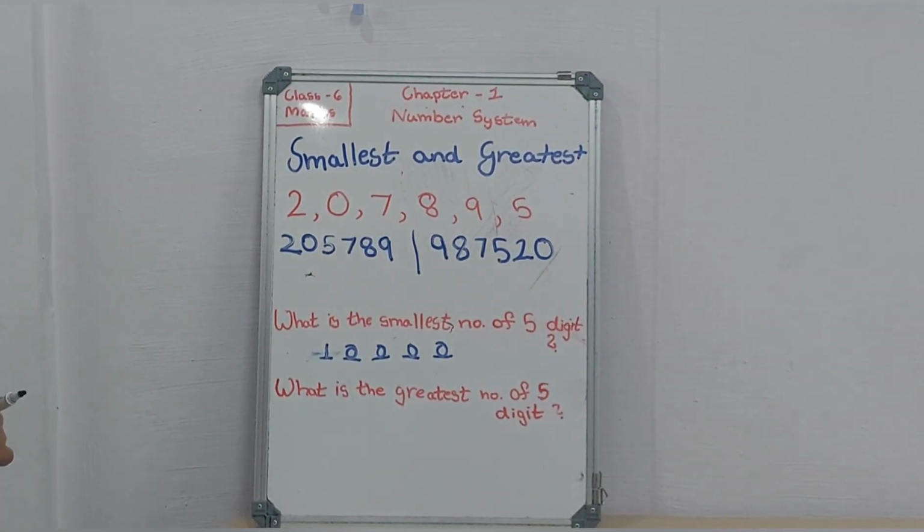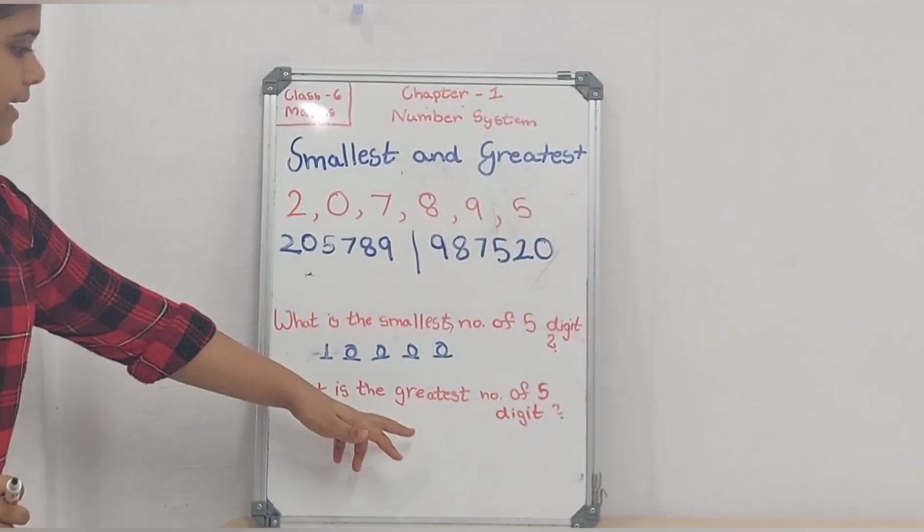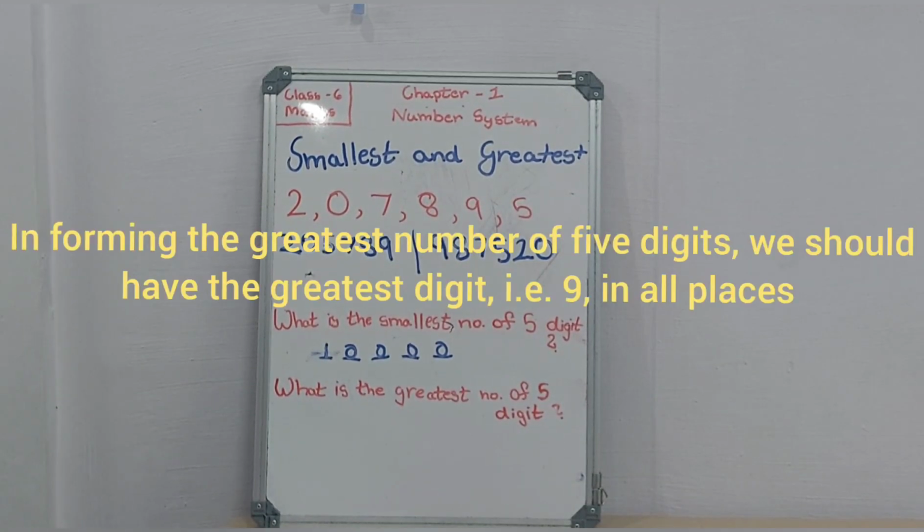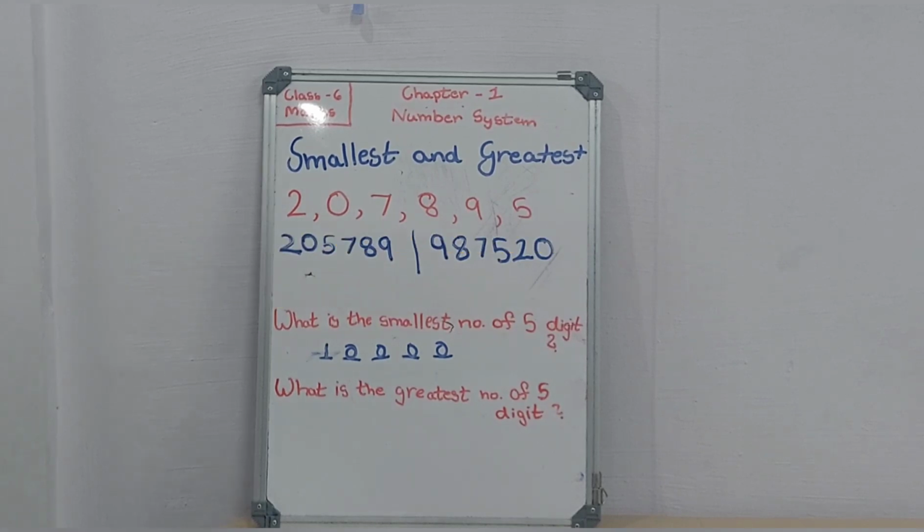Now, next question is, what is the greatest number of 5 digits? In forming the greatest number of 5 digits, we should have the greatest digit, that is 9 in all places. I am talking about the greatest digit. So, which is the greatest digit? That is 9.